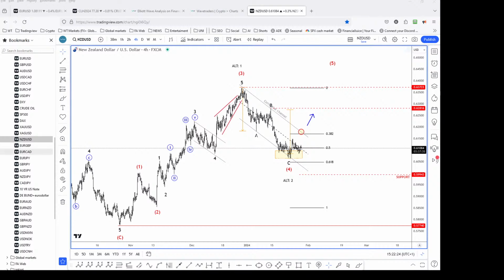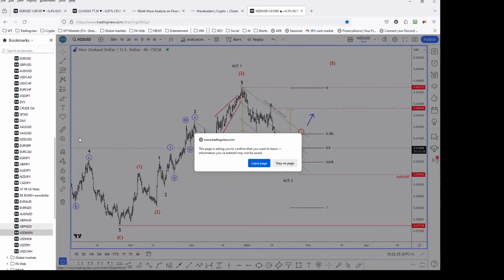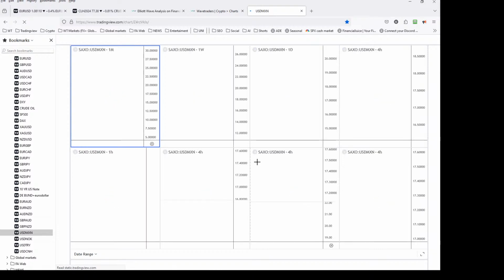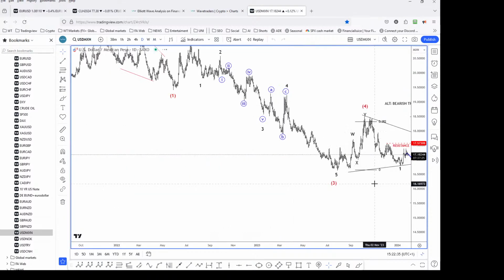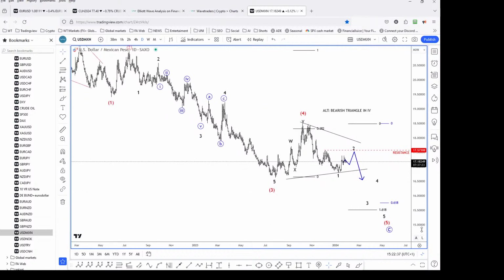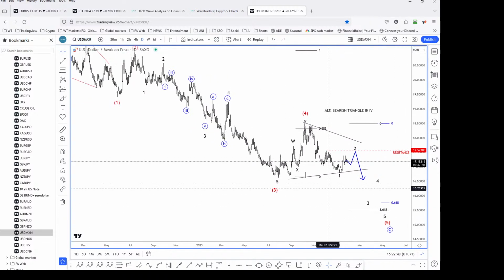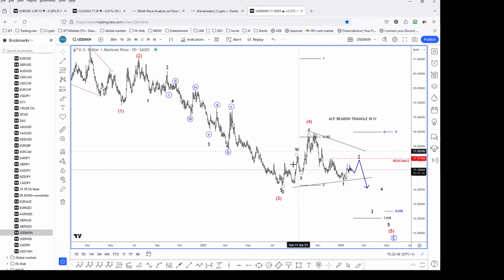now let's take a look also maybe on dollar Mexican peso. Okay, so dollar Mexican peso is in downtrend, no doubt. What we are looking at now is just sideways price action.